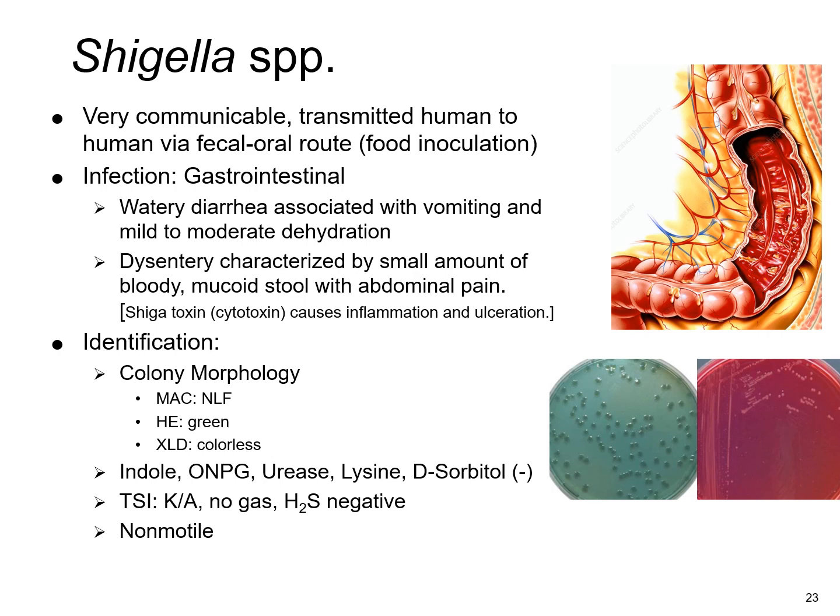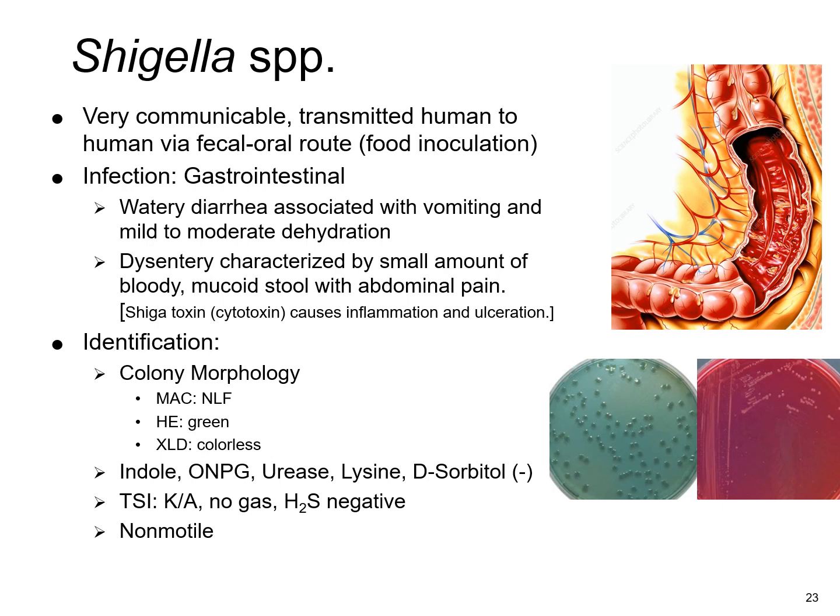Your Shigella organisms are transmitted human to human via the fecal-oral route, and so this would be via inoculating a food source with some sort of contaminant of Shigella. This is another reason why it's very important to wash your hands after you go to the restroom. These infections are gastrointestinal. It can present with symptoms in about 24 to 48 hours after ingesting this microorganism.